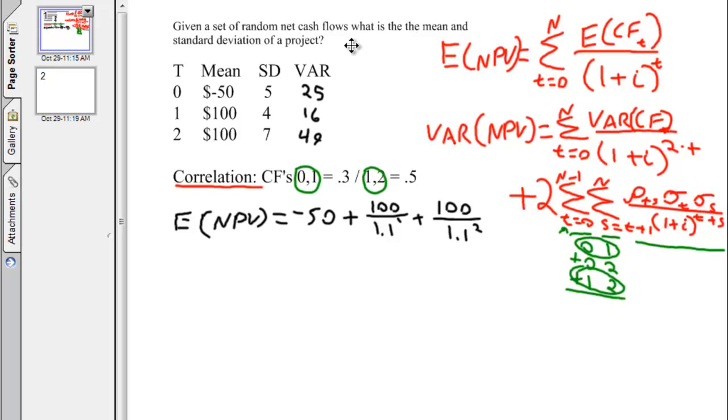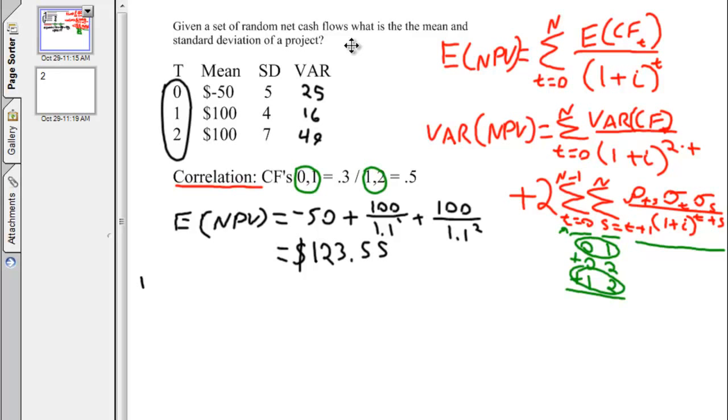And those exponents, of course, come over here from the time section. If you were to evaluate this, it should be a pretty straightforward calculation, and you'd come up with a positive net present value of $123.55.